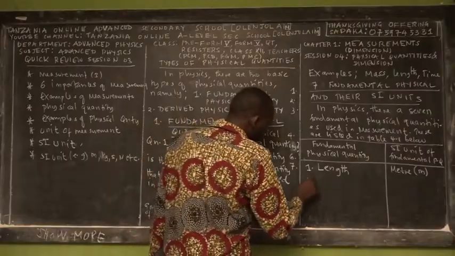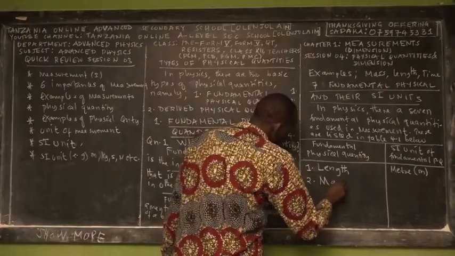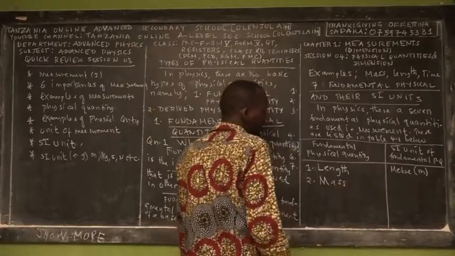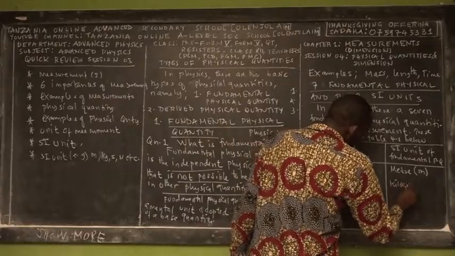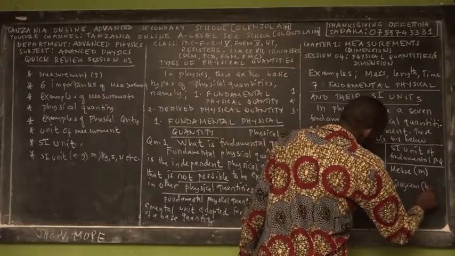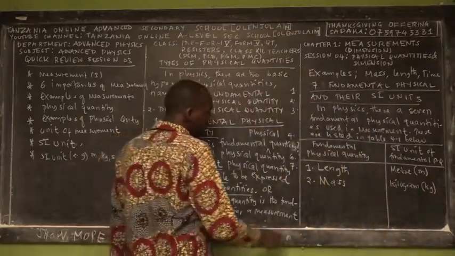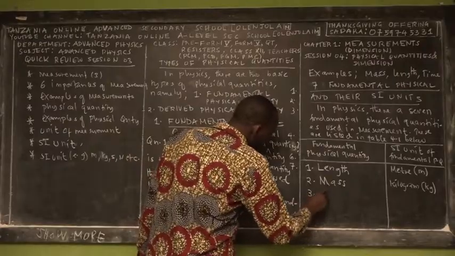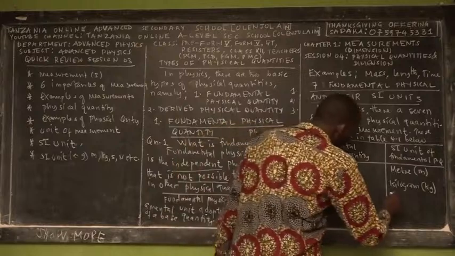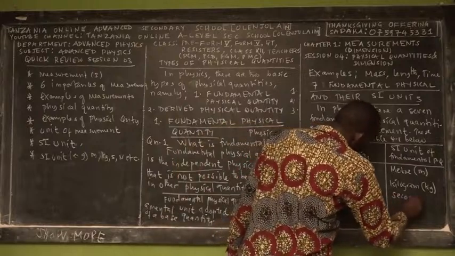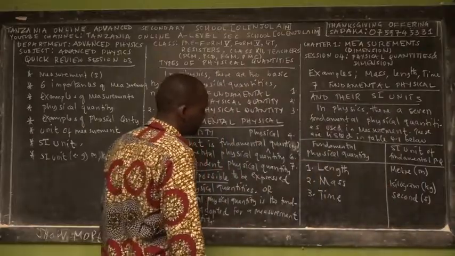The second fundamental physical quantity is mass, and its SI unit is the kilogram, with symbol kg. The third is time, with SI unit second and symbol lowercase s.